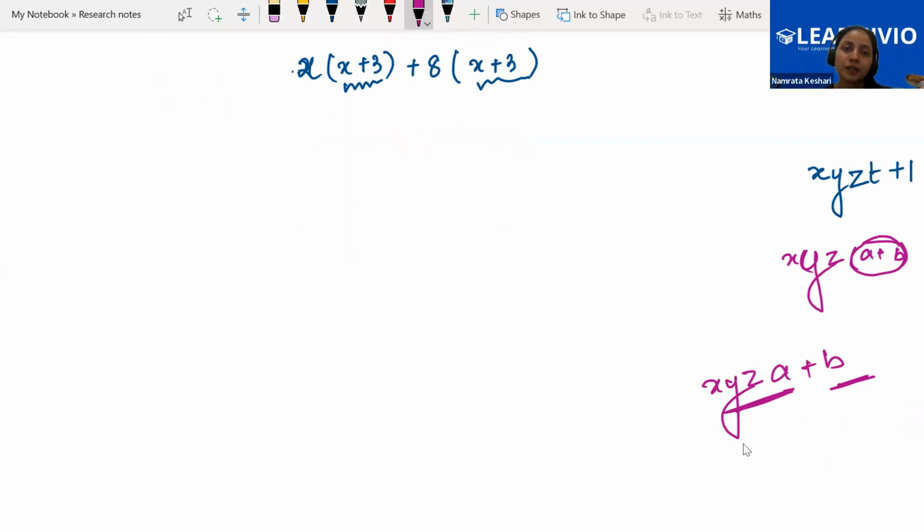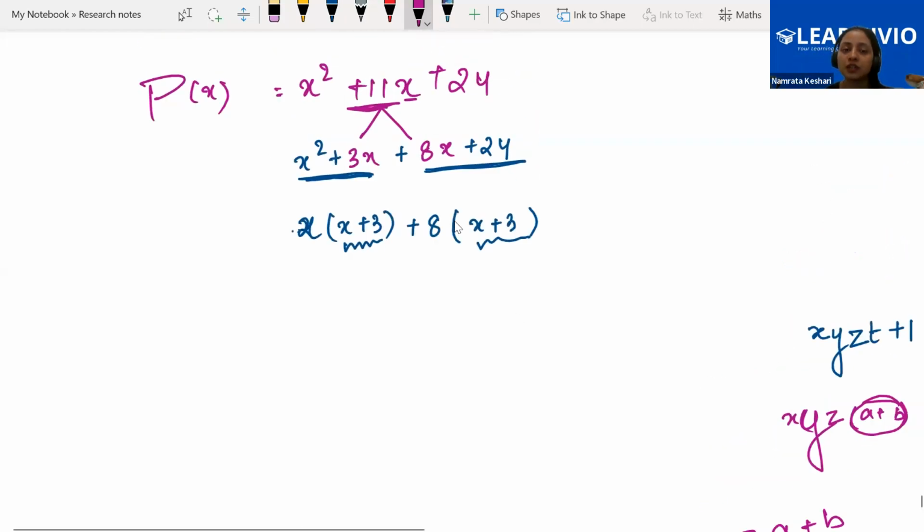Yes, ma'am. Now can you tell me how many terms are there in the last step which I have written over here? Two terms. One term, another term. Can you see it, Gungun? Are you getting it?